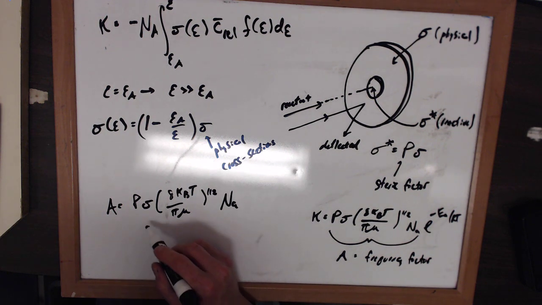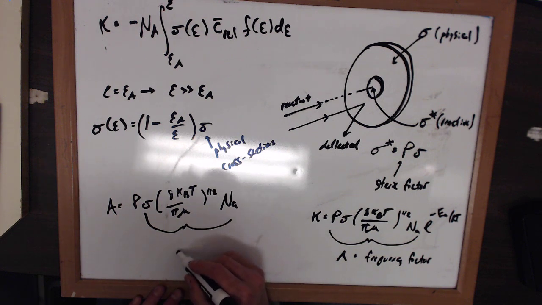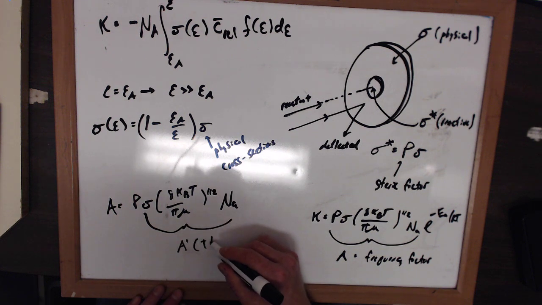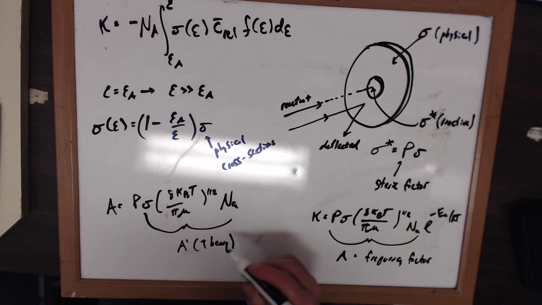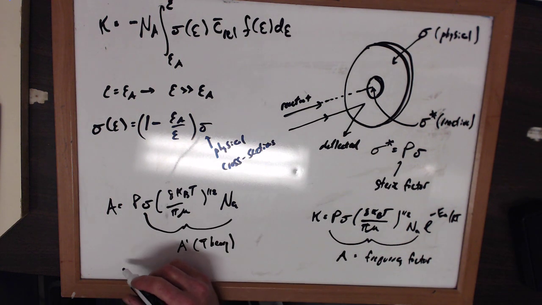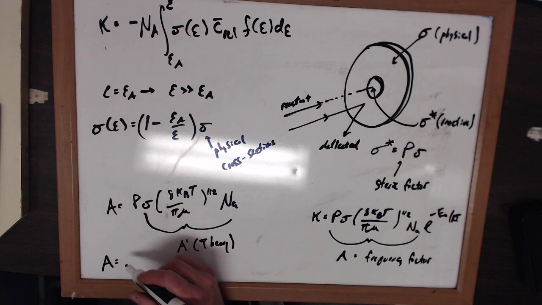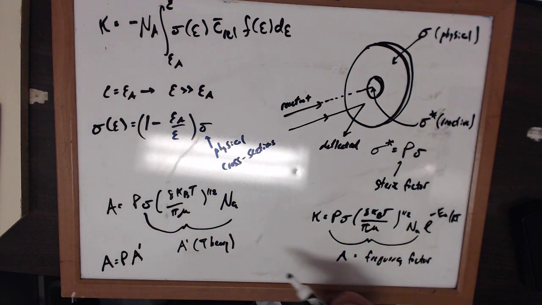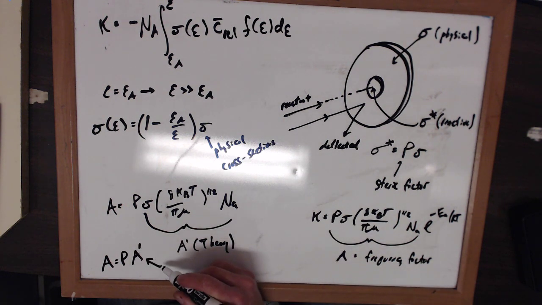I'll define everything that's multiplied by P right here as A prime, which is really the theoretical value of A. Because this steric factor is a really difficult number to calculate from first principles. You typically have to do a comparison of experiment and theory to give the steric factor. In other words, A will equal P times A prime. And recall, we can calculate A prime.